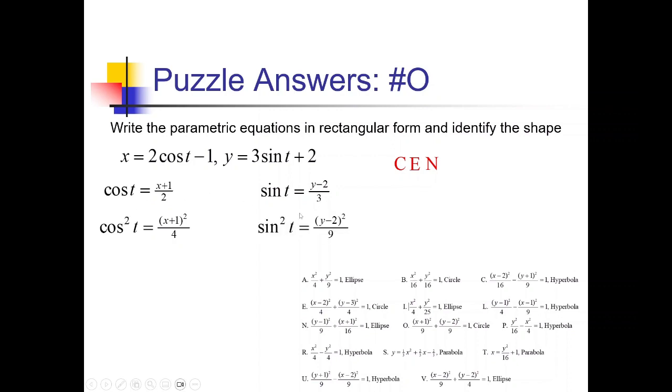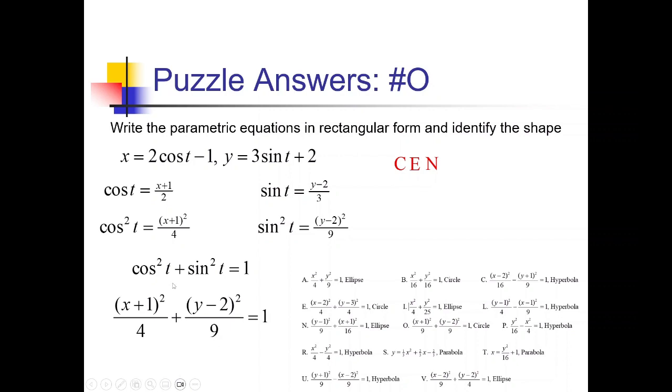And I've got cosine and sine squared, so let me use my cosine squared plus sine squared equals 1 identity, and then replace those. I guess these could be t's in here. I guess it doesn't really matter, as long as it's the same variable. So we can write (x plus 1) squared over 4 plus (y minus 2) squared over 9 equals 1.